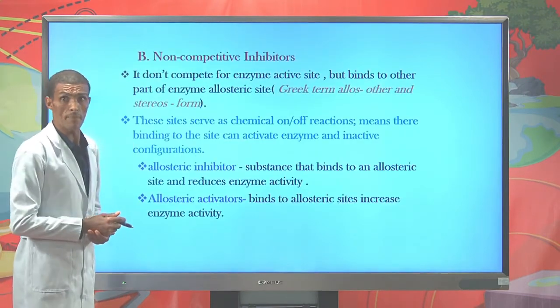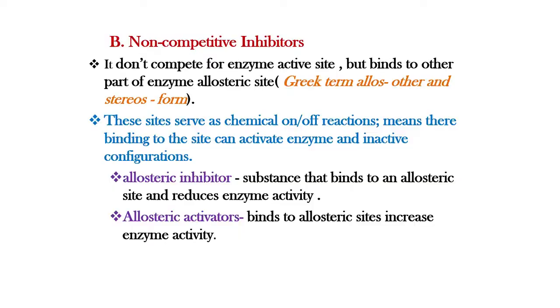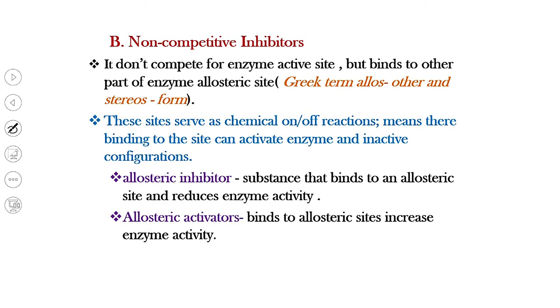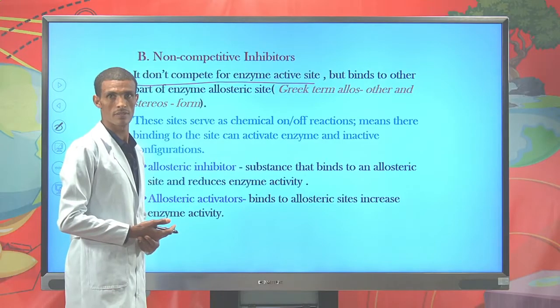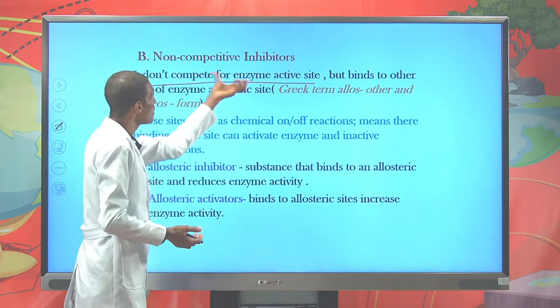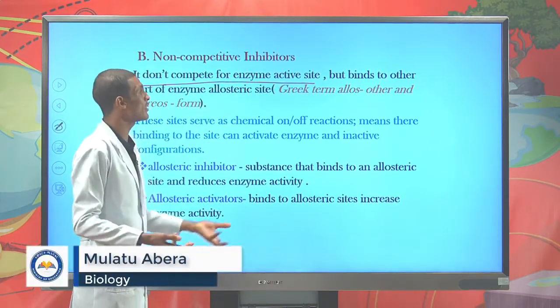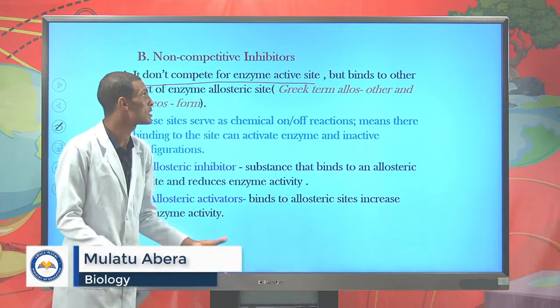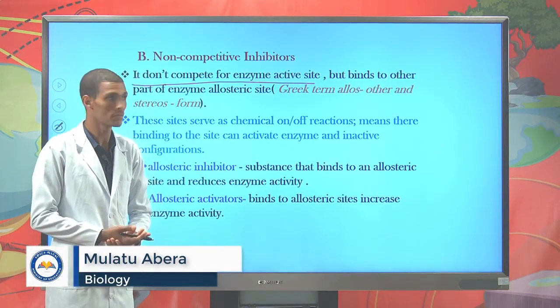Another example, and the other type of reversible inhibitor, is the non-competitive inhibitor. When we say non-competitive inhibitor, it doesn't compete for the enzyme active site with the substrate it catalyzes. There is no complementary shape between the enzyme active site and the substrate.